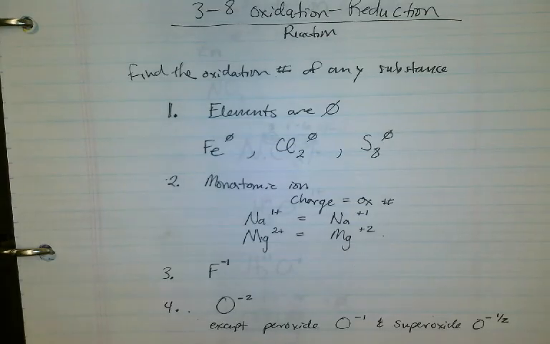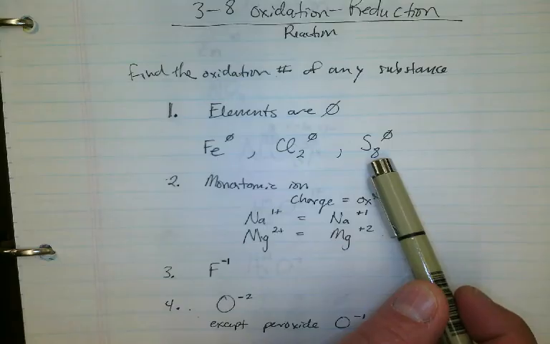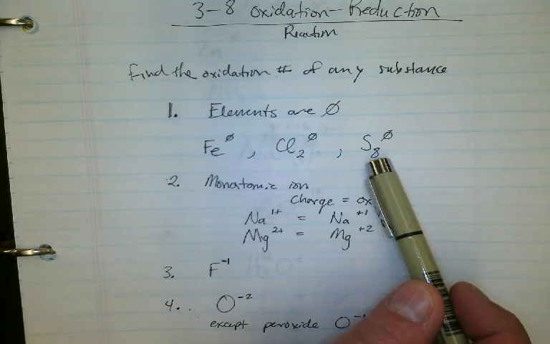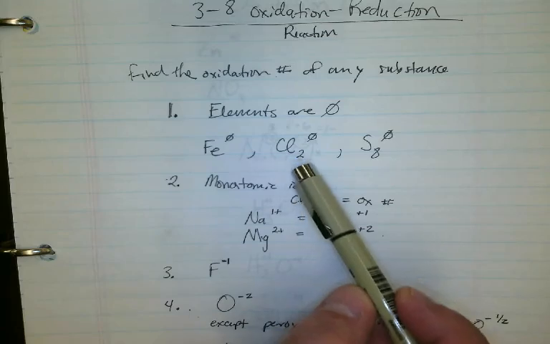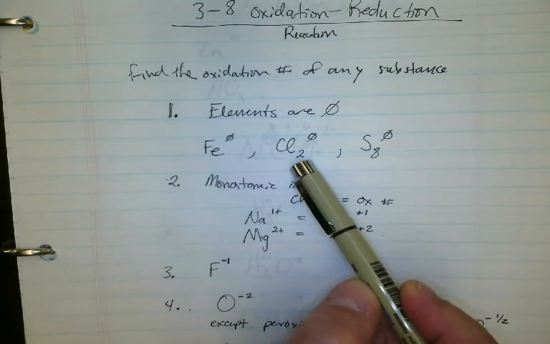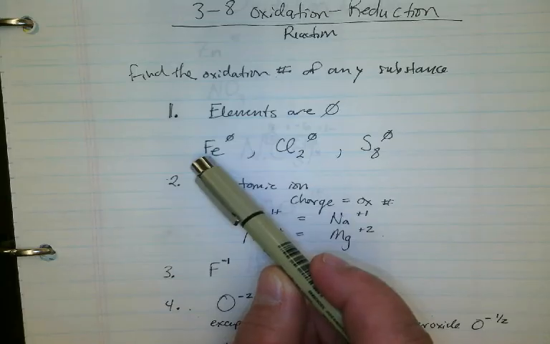It's also elements that have more than one atom attached. So like sulfur usually has 8 S's. Buckminster fullerene, they have 60. Chlorine has 2. The magic 7 are all in this. Any element on the periodic table.